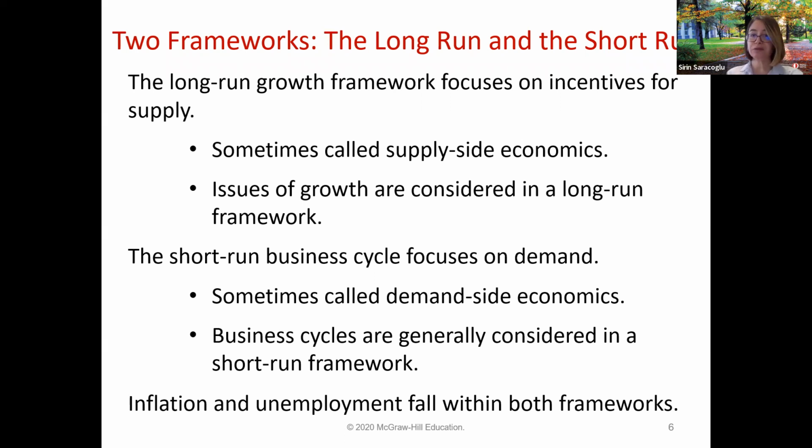So you can have inflation in the long run or in the short run, and what are the reasons and consequences of that, or you can have prolonged unemployment, or you can have cyclical unemployment only through a business cycle.